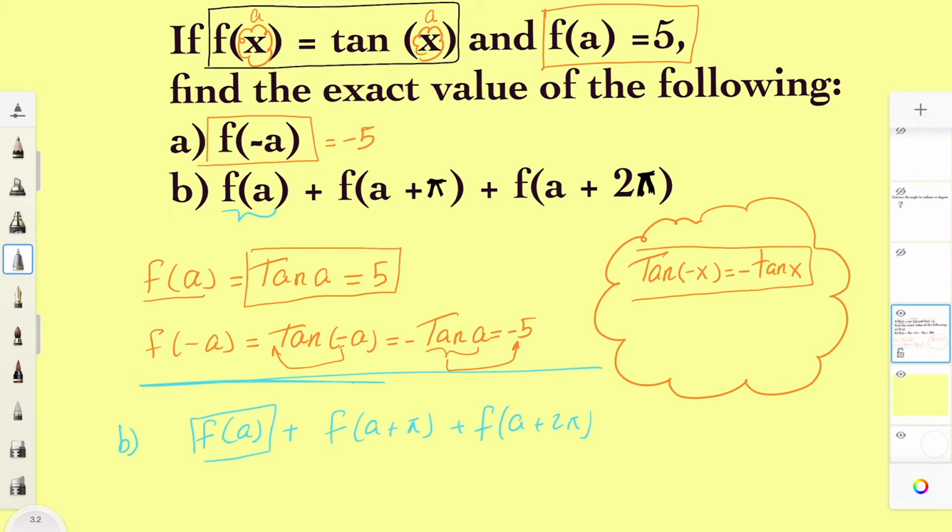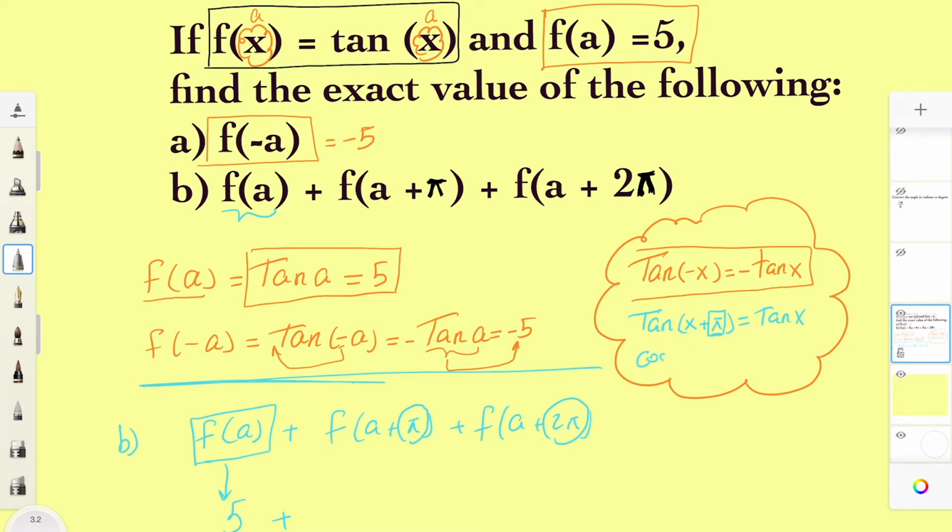F of a, we have the value is 5, plus, now we are adding pi to it and 2 pi. The period of tangent and cotangent is pi. That means tangent of x plus pi is the same as tangent of x. Pi is the period of tangent.